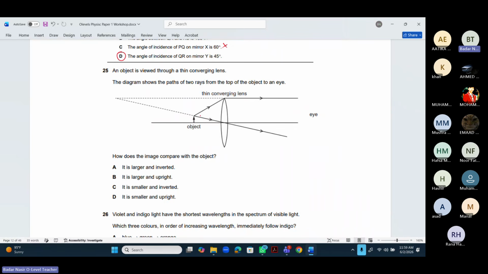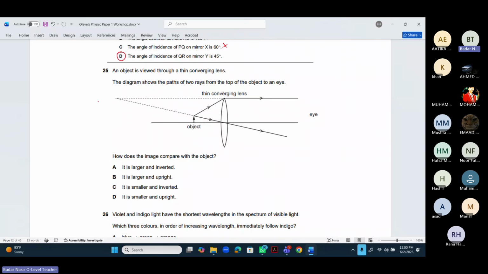So ये ऑब्जेक्ट है, ठीक है, और एक तो ये रे है जो लेंस के बिल्कुल सेंटर से पास करी है, ठीक है, और एक ये रे है जो ऊपर से जा रही है and it becomes parallel later on और इनको हमने backwards converge की है, ठीक है. So how does the image compare with the object? It is larger and inverted.